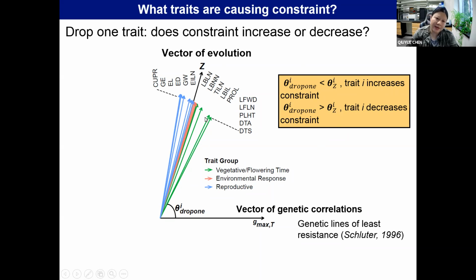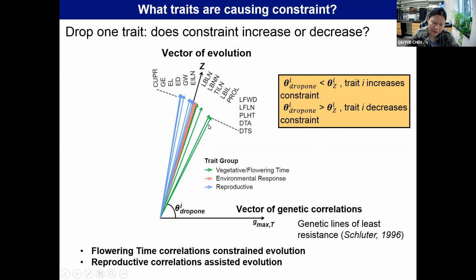So by calculation, we found that flowering time trait correlations constrain the evolution, and the reproductive correlations assisted evolution.